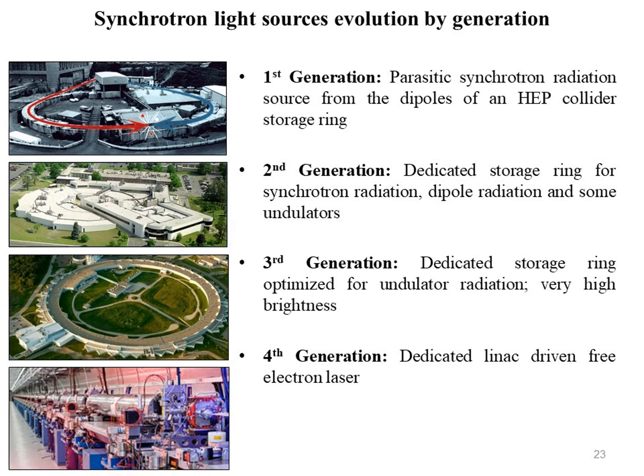Second generation: dedicated storage ring for synchrotron radiation, dipole radiation, and some undulators. Third generation: dedicated storage ring optimized for undulator radiation, very high brightness. Fourth generation: dedicated linac-driven free electron laser.